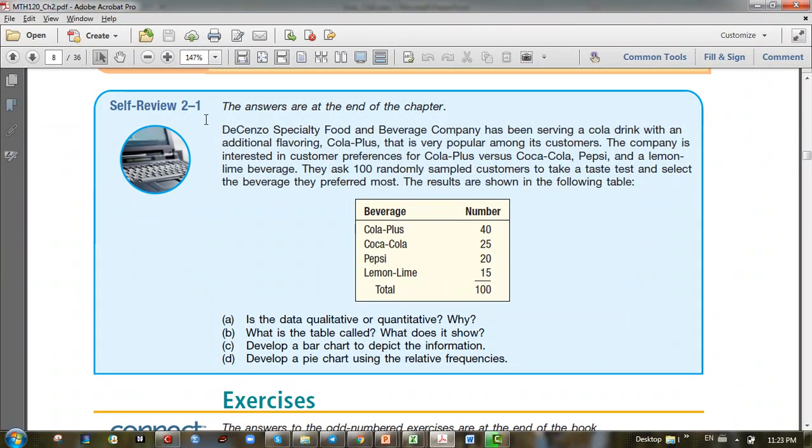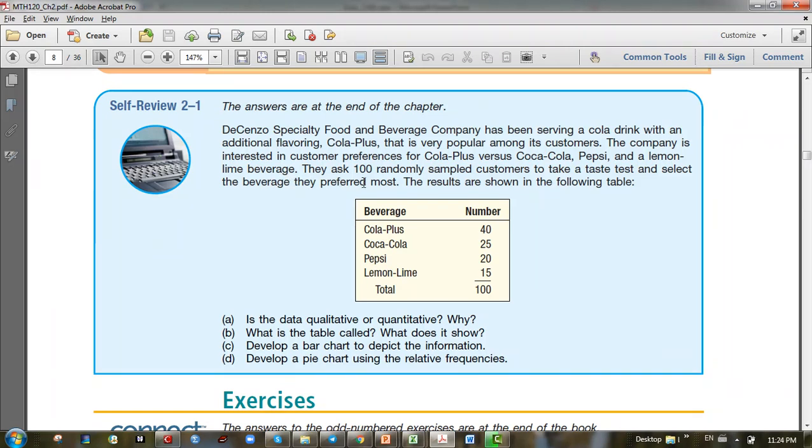Self-Review 2.1. The Zenzo specialty food and beverage company has been serving a cola drink with an additional flavoring, Cola Plus, that is very popular among its customers. The company is interested in customers' preference for Cola Plus versus Coca-Cola, Pepsi, and a lemon-lime beverage.